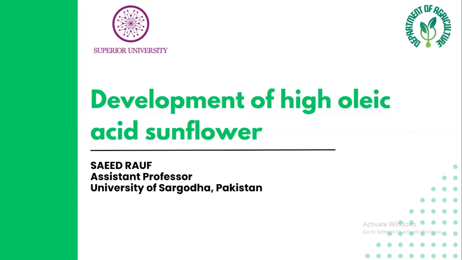are also specific. So one of the breeding goals of the sunflower is to increase high oleic acid. Oleic acid is an omega-9 fatty acid. It is neither a saturated fatty acid nor a polyunsaturated one.